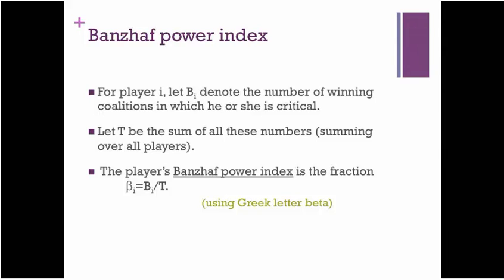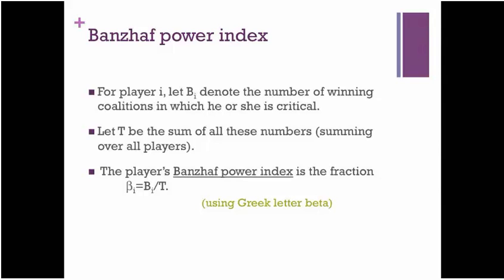Now, add those all up, and we'll get a number that we will call T. It's the total, the sum of all these numbers. And then using that number T as a denominator, we're going to take the BI's and divide by T, and that will give us other numbers which we'll denote by beta I. Notice we're using now the Greek letter beta, and this is our definition of the Banzhaf power index.